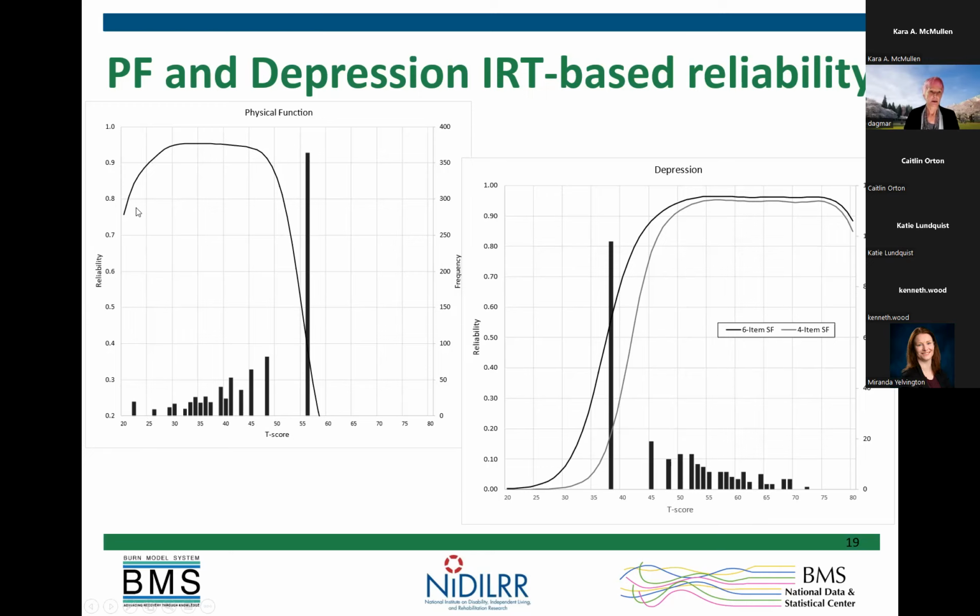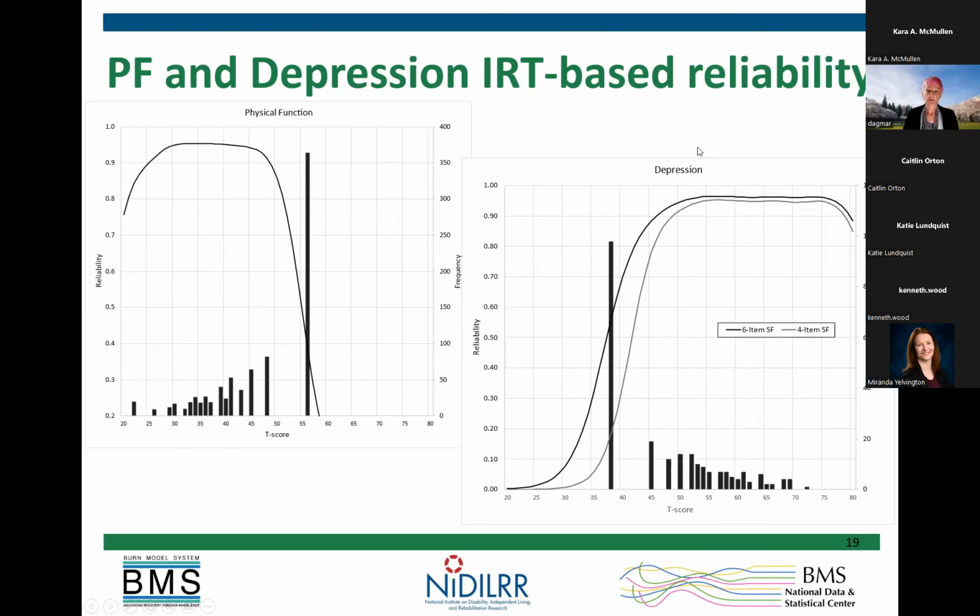And then at 0.8 reliability, 80%, which is good enough for group comparisons, at the lower levels of physical function, like here at less than 25.